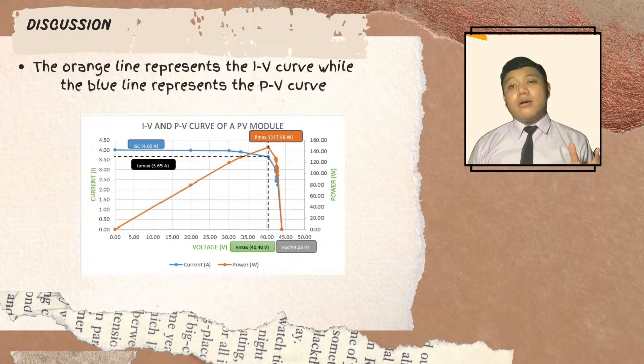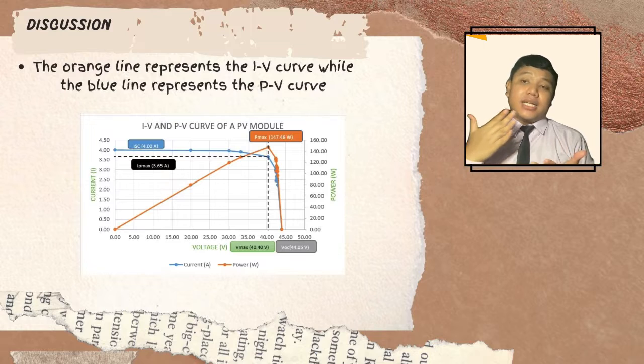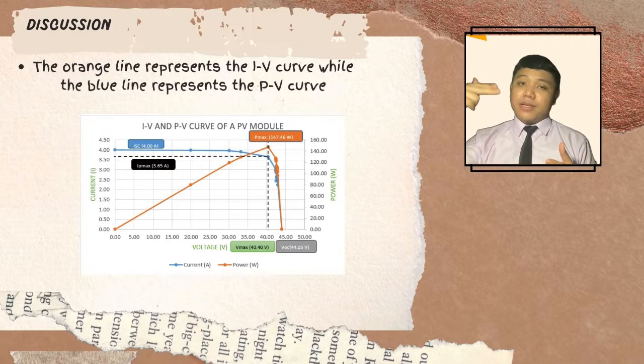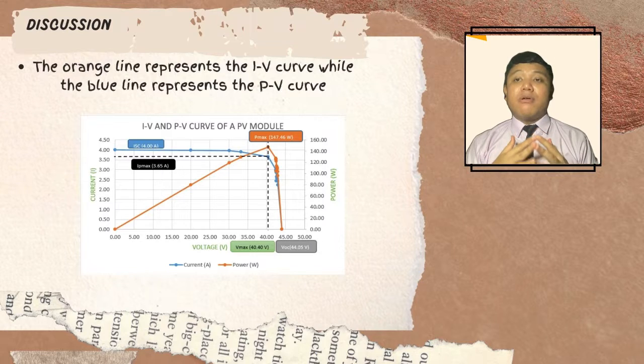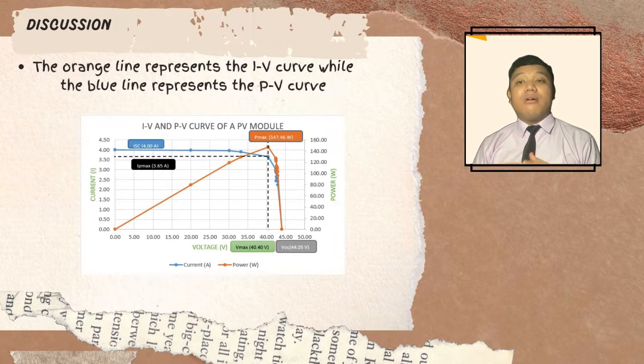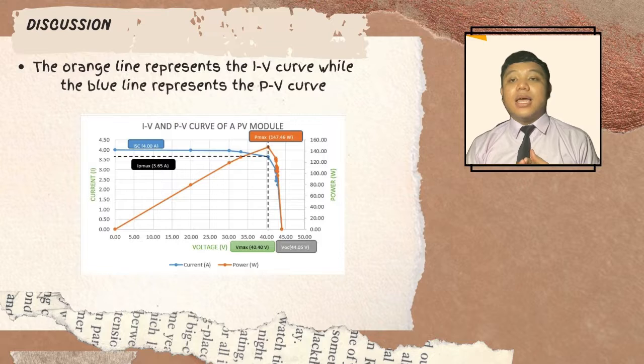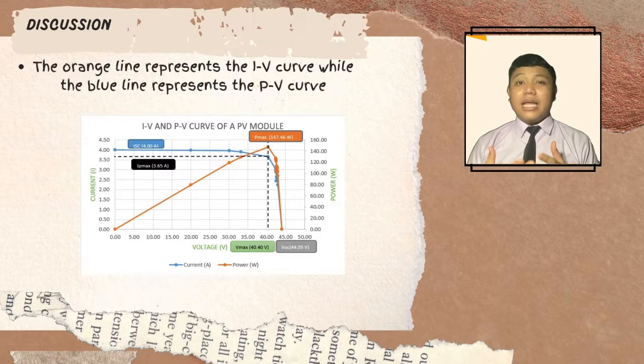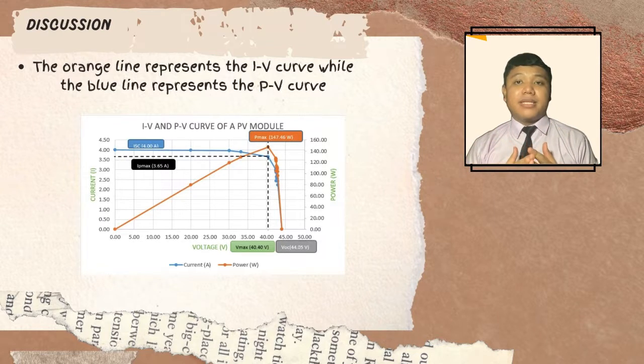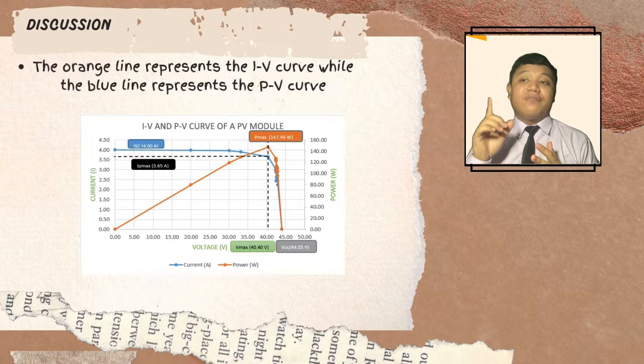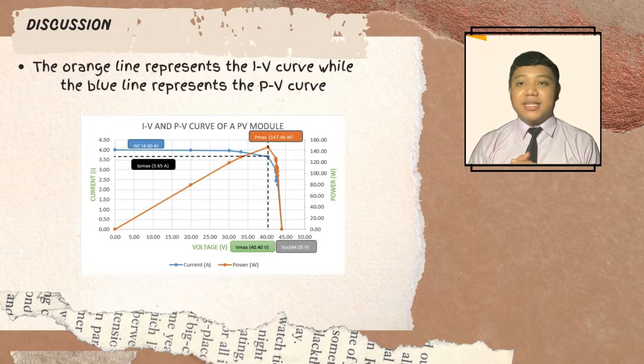By combining the two graphs and drawing a vertical line down from the maximum power point, the voltage at maximum power was obtained with a value of 40.40 volts. Drawing a horizontal line until it intersects the vertical line, the current at maximum power was obtained at a value of 3.65 amperes.